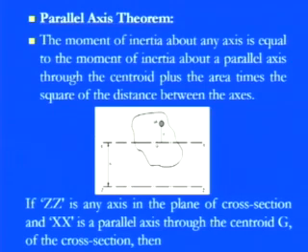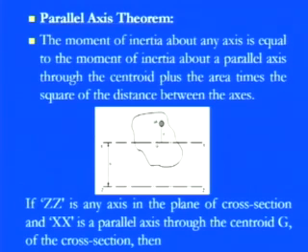Once you know the distance, multiply the distance squared by the area, and you have one component. Then there is the moment of inertia for the axis passing through the centroid, or we can say the neutral axis. So, now you have I plus the integration of y into dA, and this will give you the new moment of inertia about the particular axis.